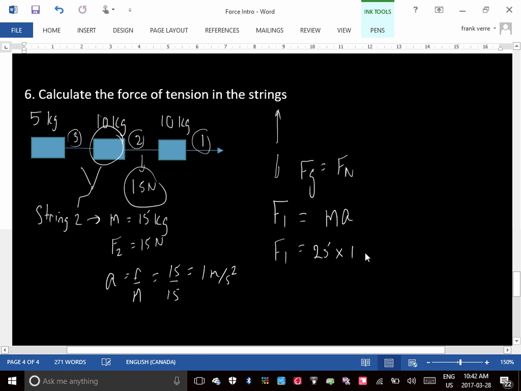And we know the acceleration is 1, so the force has to be 25 newtons. And we know that has to be bigger than the second one because it pulls more mass. So guess what then F3 must be? It should be the mass, which is 5, times 1, because string 3 only pulls that mass at the same rate as the entire system. So it's 5 newtons.